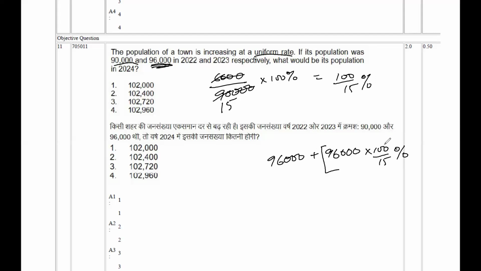Just do this and you'll get your answer. Add that to 96,000. So what we have here is percentage. 15 6s are 90, 15 4s are 60. So it is 6,400 added to this, which is 102,400. So the answer is 2.